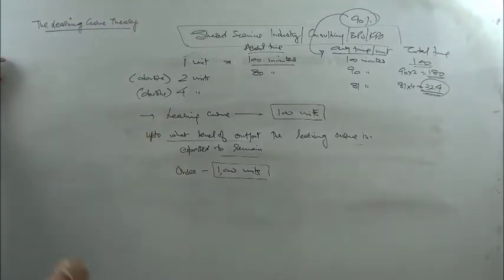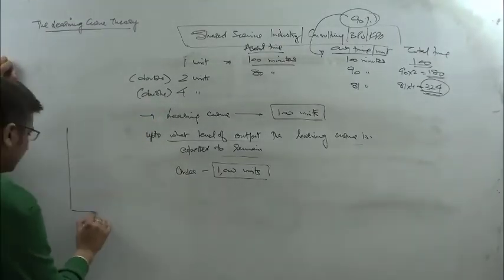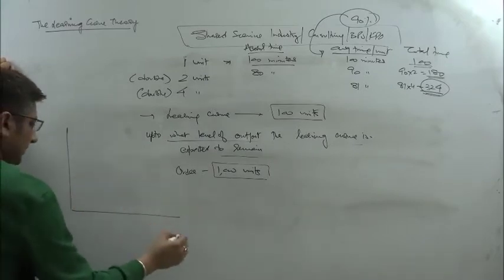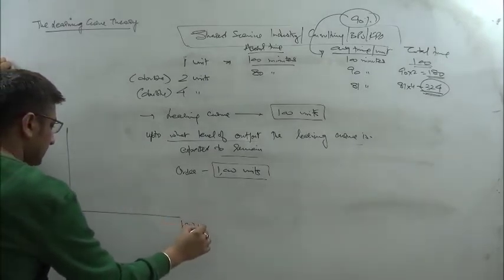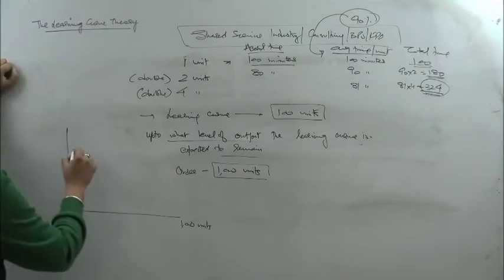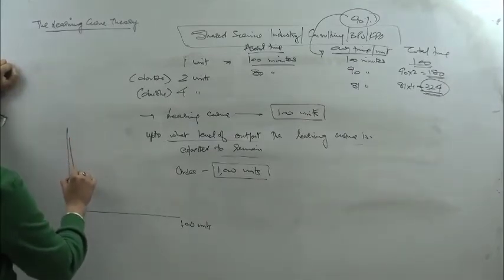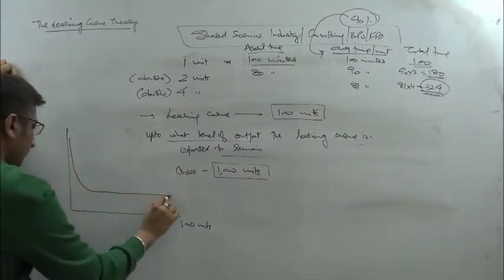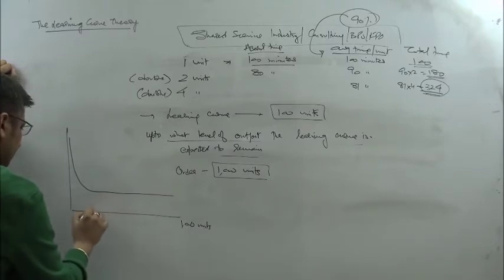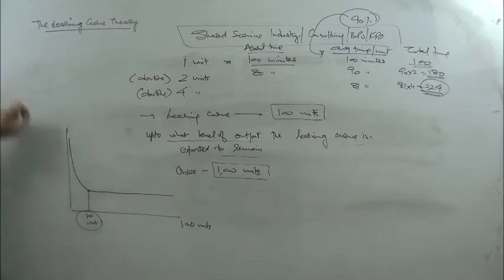If I look at it from the curve's perspective, and let's say this is my 1000 units, my learning curve would probably be something like this. This is not the best shape, but here my learning curve stops at 100 units.